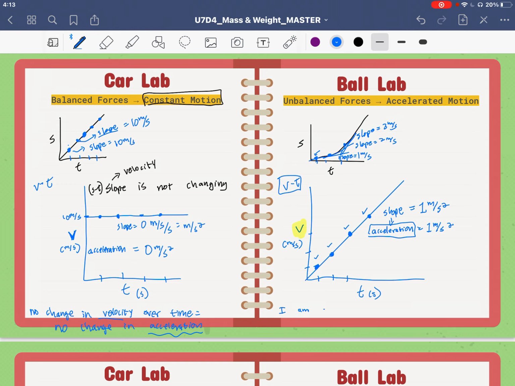I am moving at faster velocities over time, which means I do indeed have acceleration. And I can find the exact acceleration from the slope on the velocity time graph. Your slope is likely not 1. You should have gotten a different number. These numbers, again, are just examples.